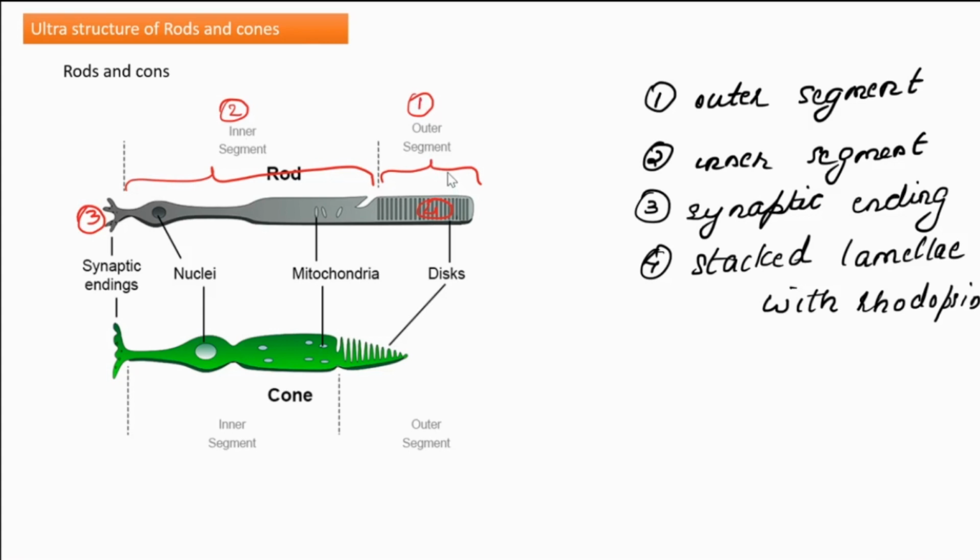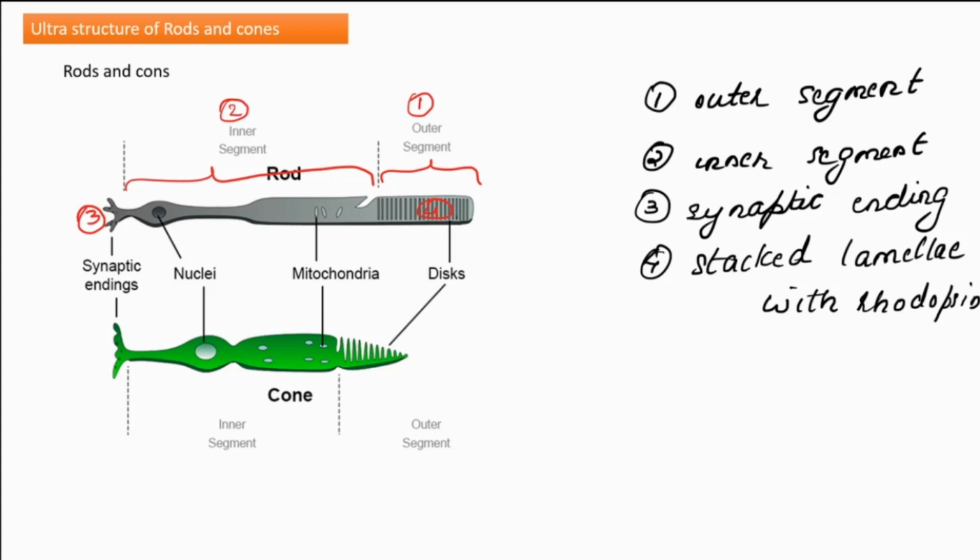The outer segment is the light sensitive segment, and inside this outer light sensitive segment are many visual pigments called rhodopsin. Rhodopsin spelling: RHODOPSIN.